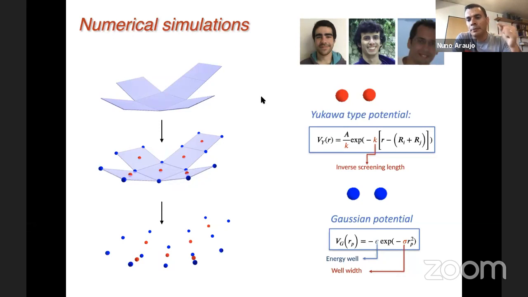Therefore, the process is irreversible. So the final folded configuration in our case is a non-equilibrium structure, not an equilibrium structure. Therefore, the kinetics becomes even more important because the final folded configuration will definitely depend on the kinetic pathways of the folding. Does it make sense, David?